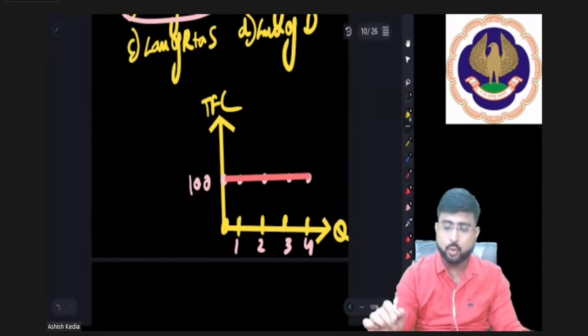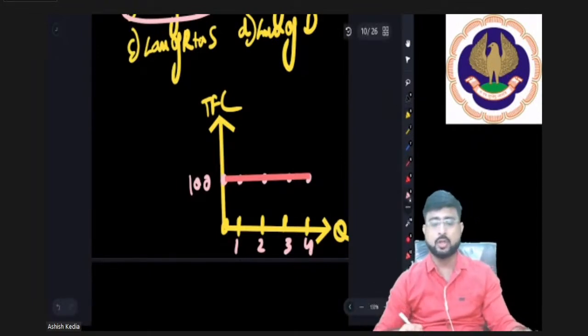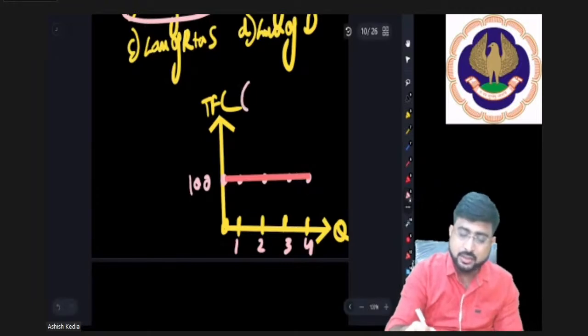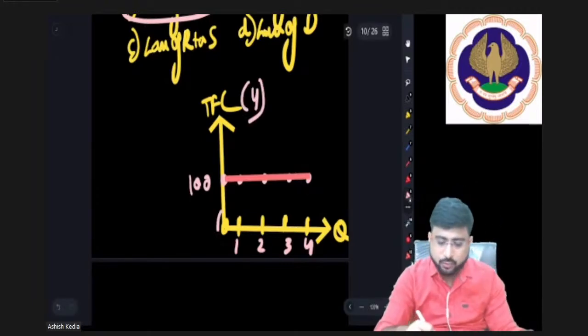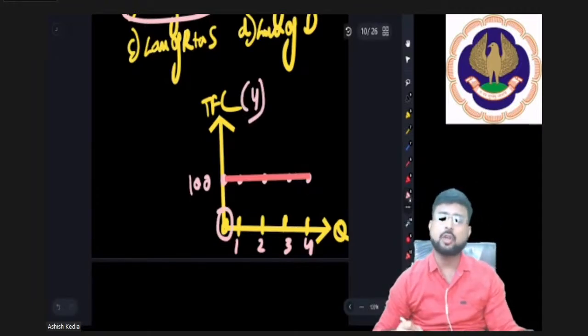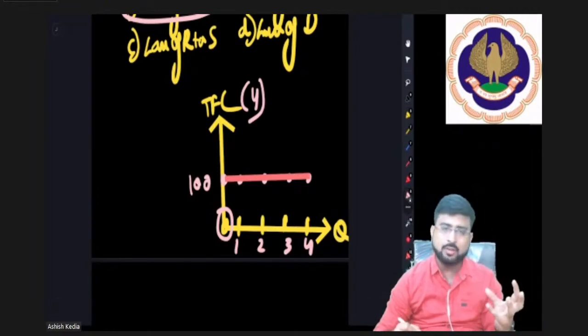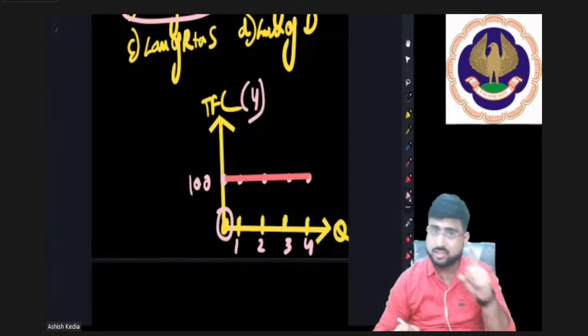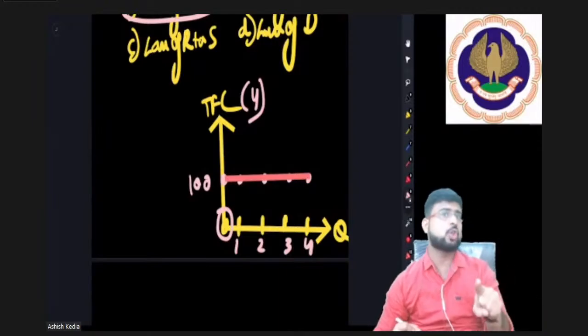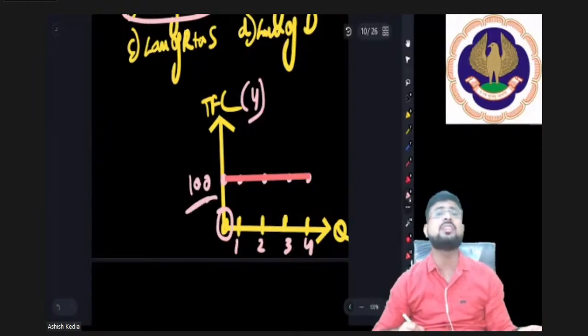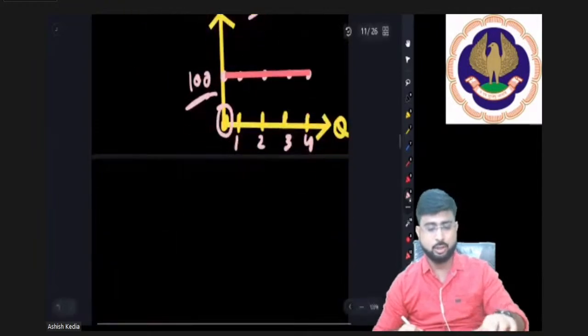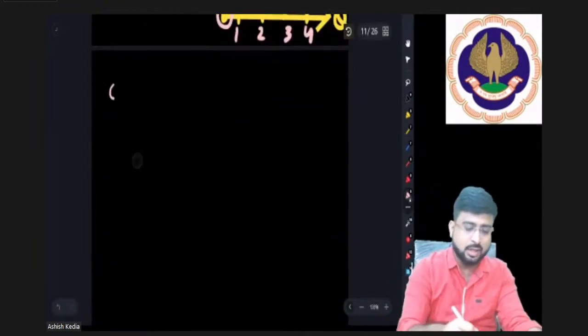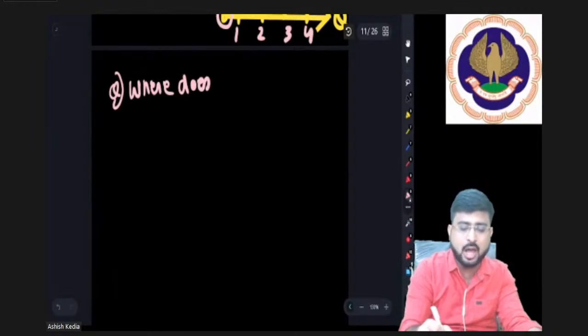A very important question they ask is, where does total fixed cost start from? Remember, it starts from the y-axis. It doesn't start from the origin. Because starting from the origin would mean that at zero level of quantity, total fixed cost is zero, but it is wrong. Even if you are not producing anything, total fixed cost is still incurred. So the question they will ask is, where does total fixed cost start from in the short run?